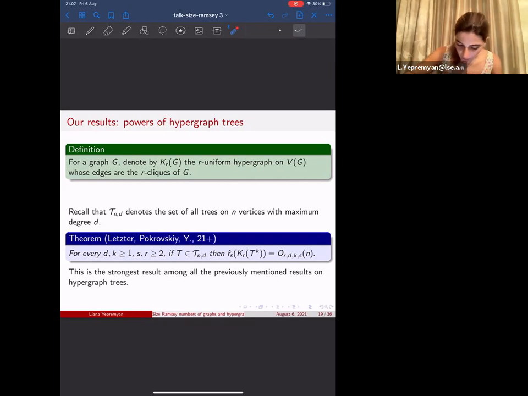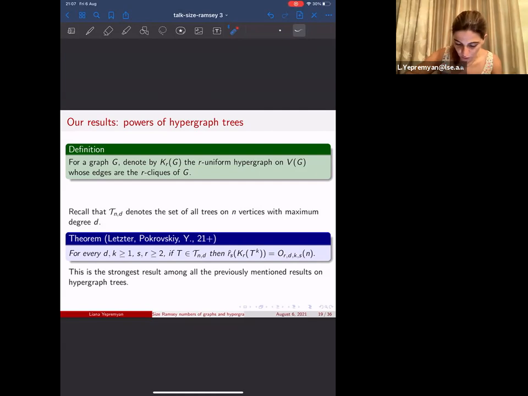Then what we show is that if you take any tree T of bounded maximum degree D and take all the r-cliques of such a graph, this is the strongest result among all the previously mentioned results for powers of paths and powers of trees.